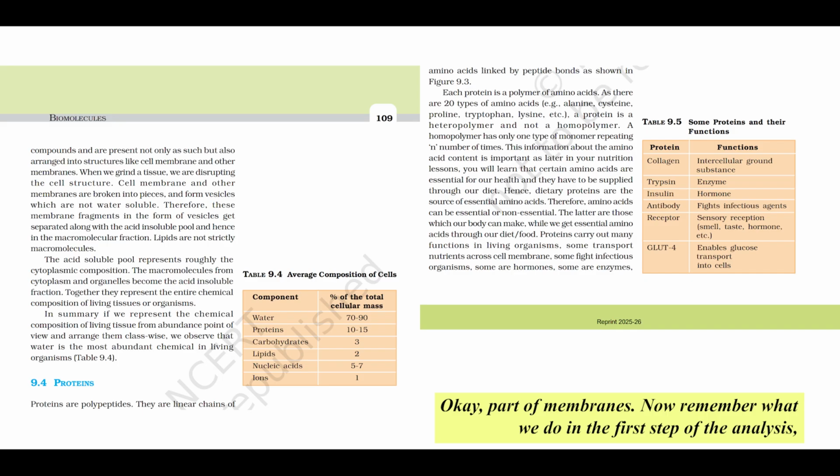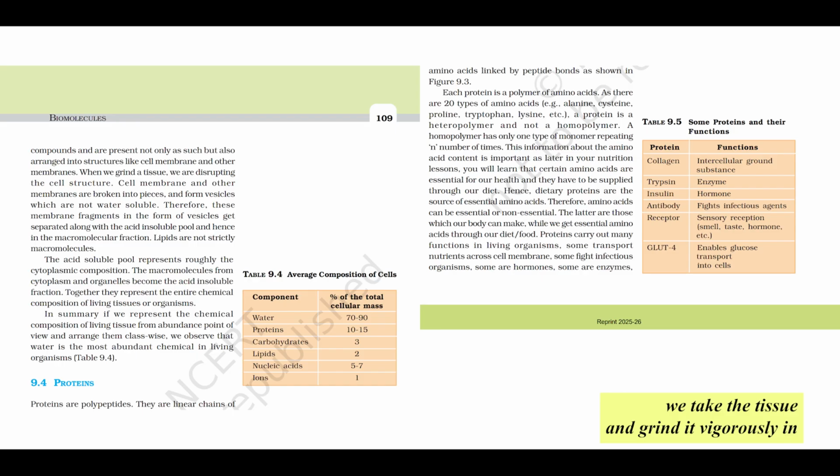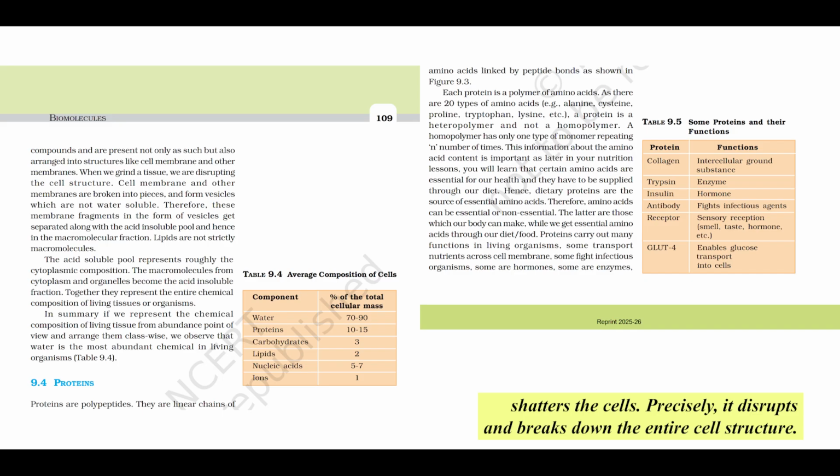Okay, part of membranes. Now remember what we do in the first step of the analysis. We take the tissue and grind it vigorously in trichloroacetic acid. Right, the grinding step. What does that grinding do to the cell structure? It breaks everything apart, shatters the cells. Precisely. It disrupts and breaks down the entire cell structure. The cell membranes and all those other internal lipid-rich membranes get physically shattered into tiny fragments.